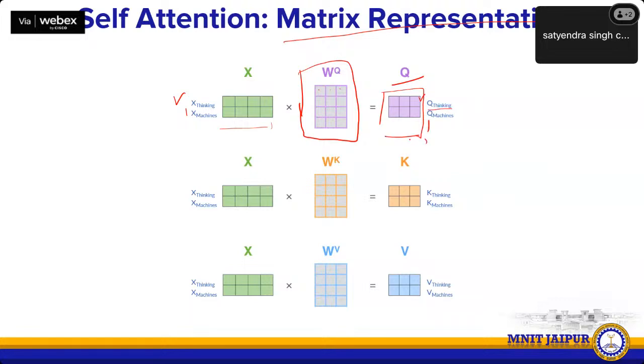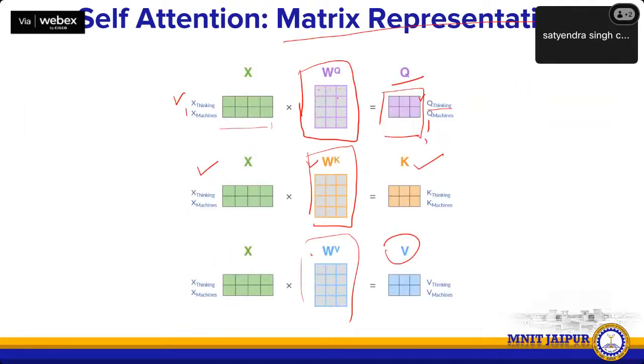So this whole thing you can think of as a query matrix. Similarly, the same embedding, when multiplied with another matrix for linear transformation, gives the key matrix. And for value, you have another weight matrix. When it is linearly transformed, you get the value matrix.